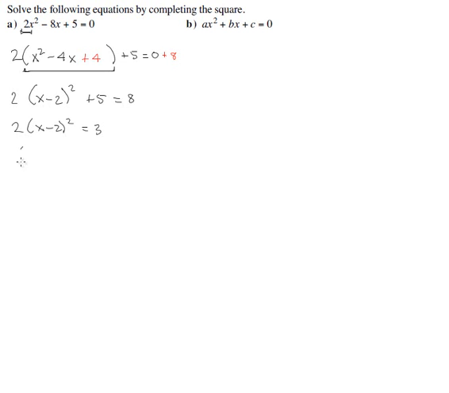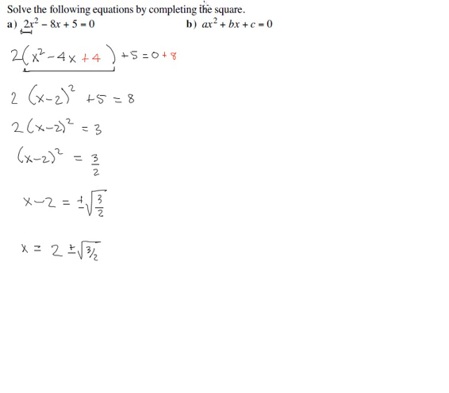And divide by 2. Or 1.5 if you like decimals better. Square root both sides. Don't forget your plus or minus. And add 2. X is 2 plus or minus root 3 over 2.